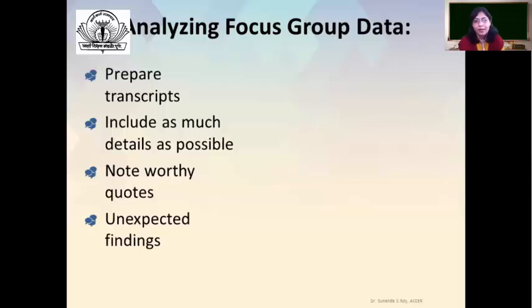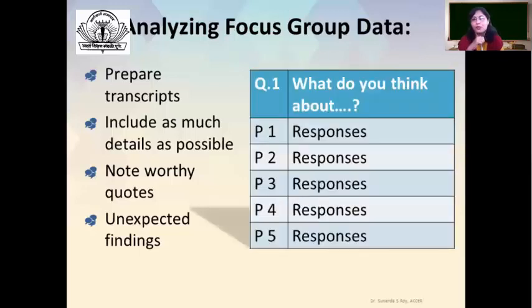Once you are able to do this, the next thing you have to do is prepare a table with every question. For example, what do you think about, it was the first question. And P1, P2, P3, P4, these are the respondents. As we said, we are going to keep their identities anonymous, so their names are never mentioned.